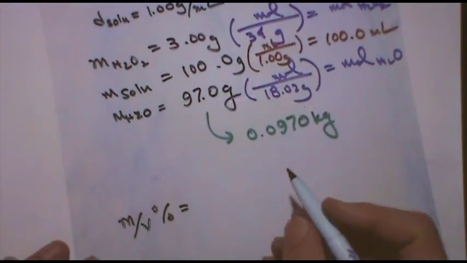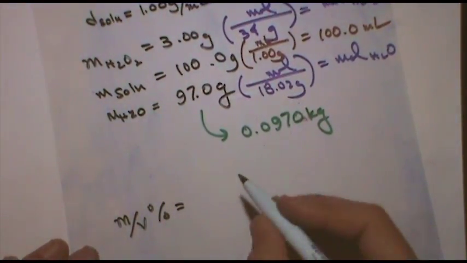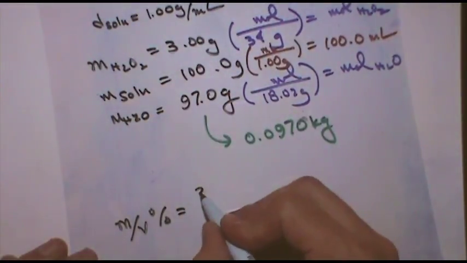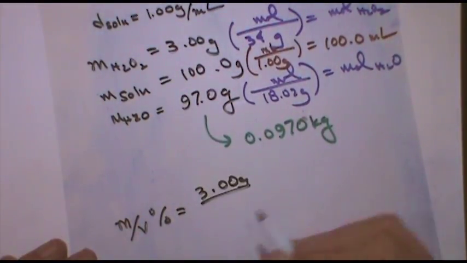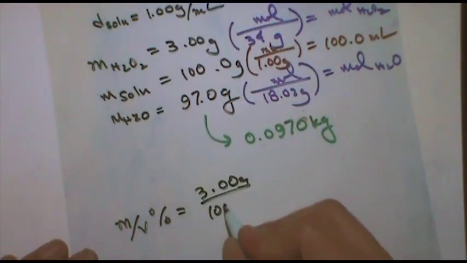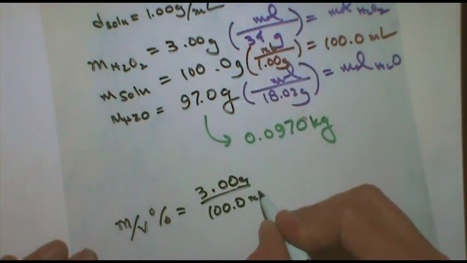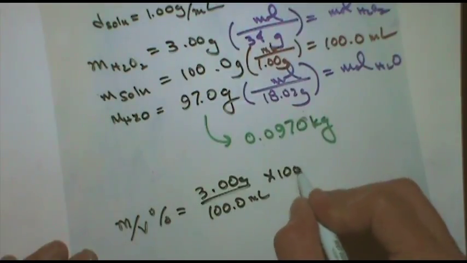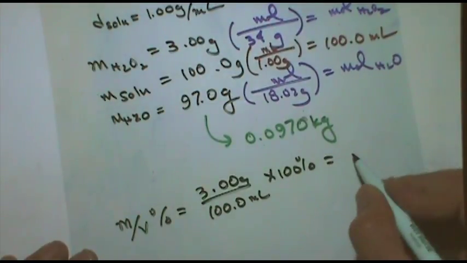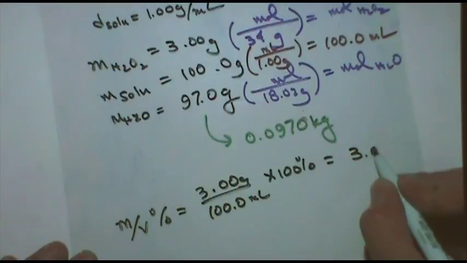Percent, that would be the mass of the solute in grams. That's 3. Divided by the milliliters of solution. Times 100%. It looks like it's going to be about 3%.